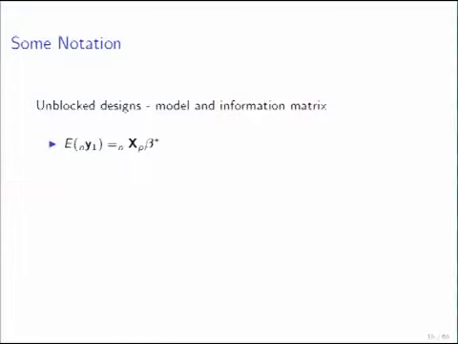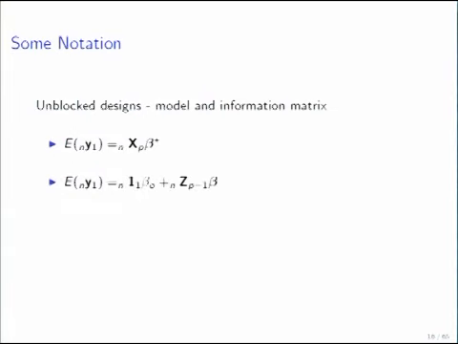So I will give some notation that I will be using for defining the criteria. For the unblocked designs, in matrix notation, the usual notation, the expected responses are approximated by a X matrix times beta. These numbers are the dimension of the matrix.